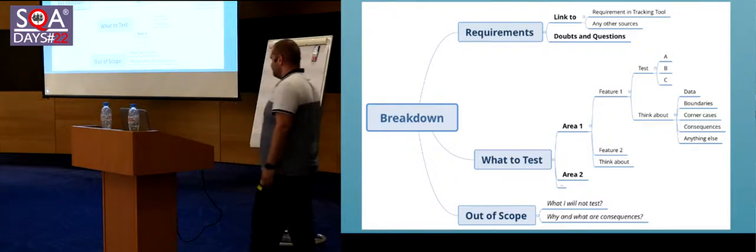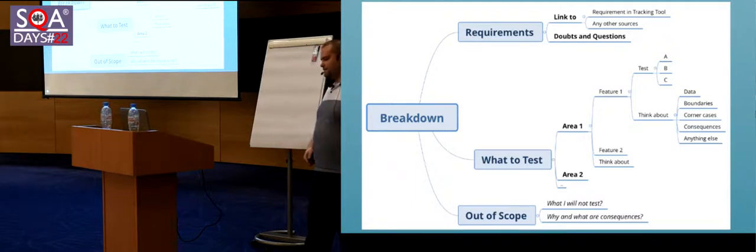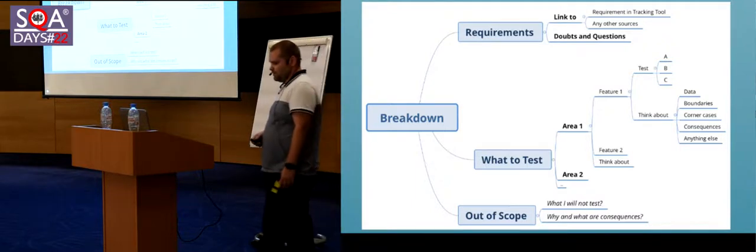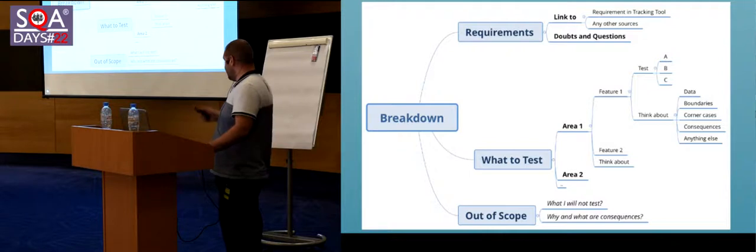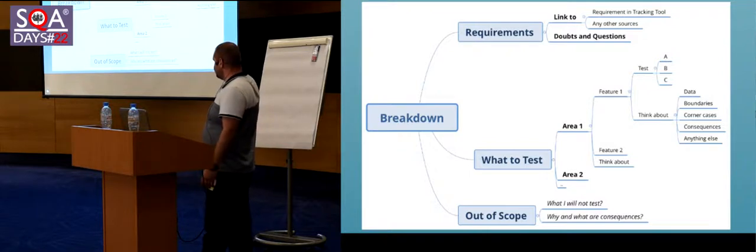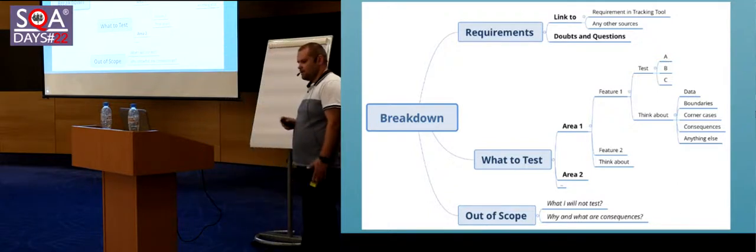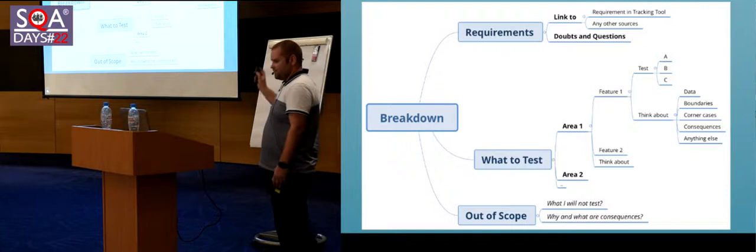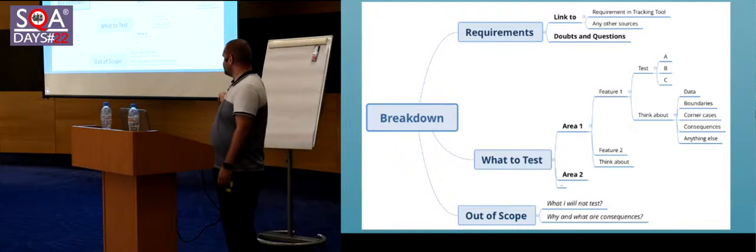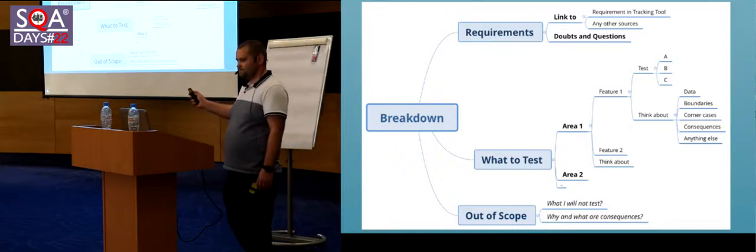My template for breakdown of the test approach of an epic or user story always has these three things: requirements, what to test, and what is out of scope. In the requirements I store some links, but more important are these doubts and questions.